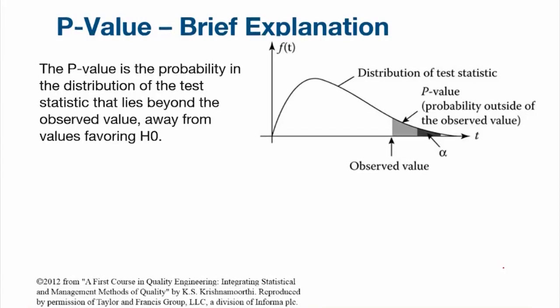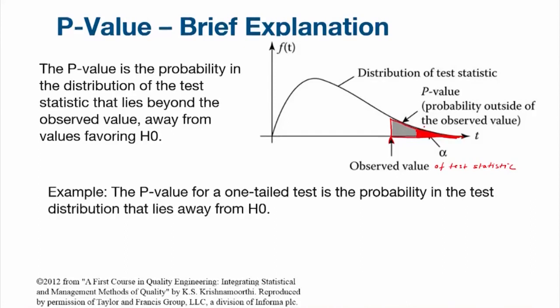And this is maybe easier to see if we look at this one-tailed test as we've shown here. So here we have the observed value of the test statistic. And the p-value is this entire area lying away from the values which would favor the null hypothesis. And that area, as we can see in this example, is greater than the area that corresponds to our alpha value.